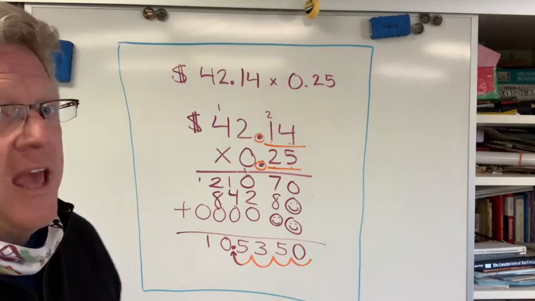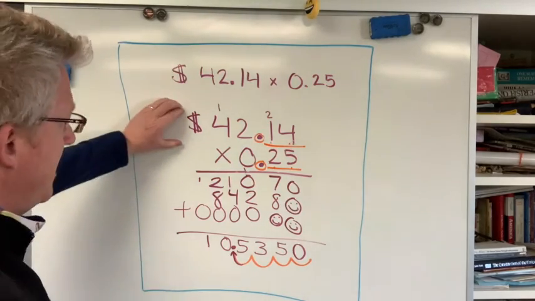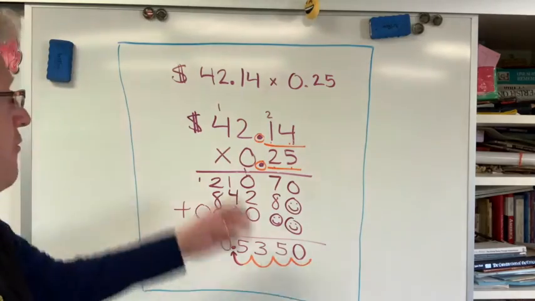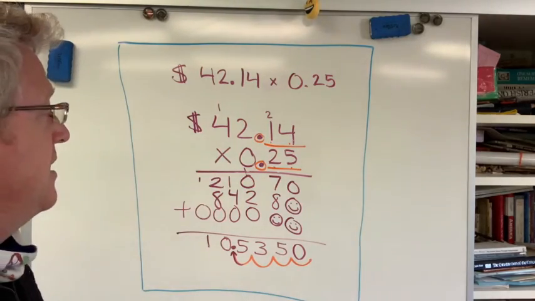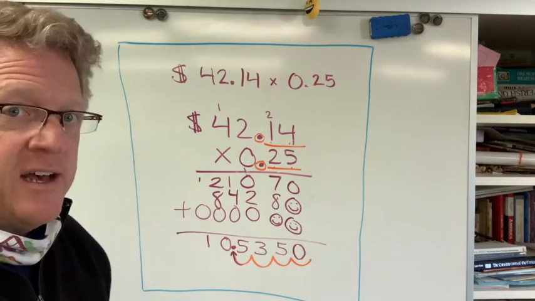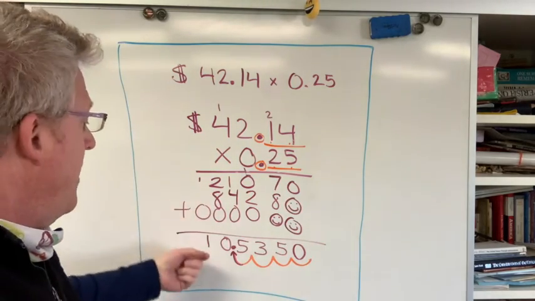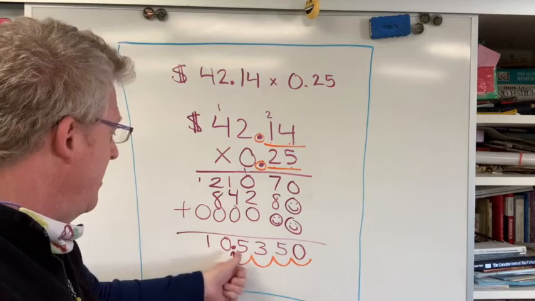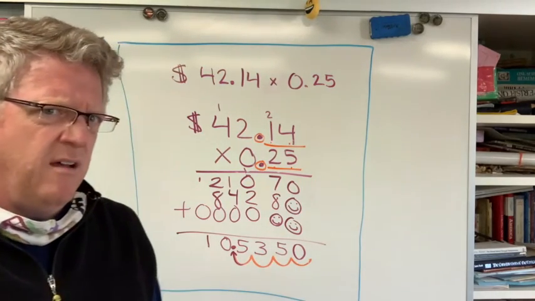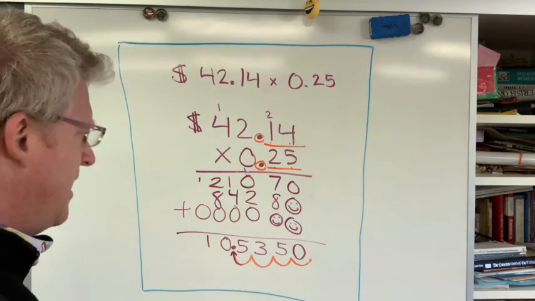But don't forget, we're talking money here. And if it was a sale where I bought myself a teddy bear for $42.14 and it was 25% off, or 25 hundredths off, right? Then I would be paying $10 and 5,350 10,000ths. What is that?